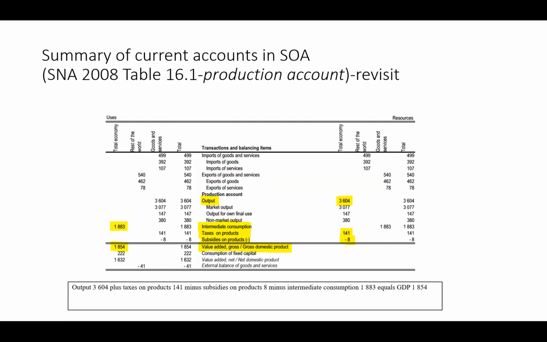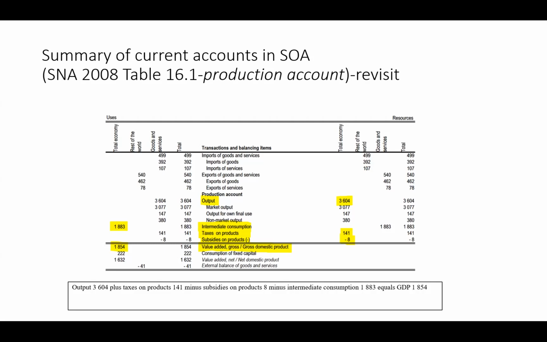The output is 3,064. And gross value added is equal to output plus taxes on products minus subsidies on products minus intermediate consumption.